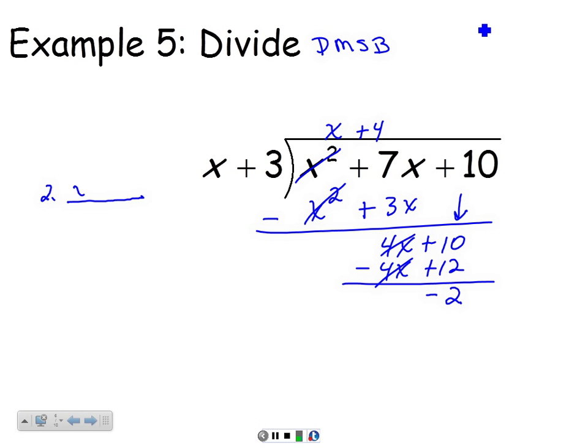You would put x plus 4, you'd put down what's on top, and then you're going to do your remainder, so you'll have plus negative 2 over your divisor, which is x plus 3. Alright? So if you have a remainder, you're going to put what's on top, x plus 4, plus your remainder over your divisor. That's how you would write that answer.